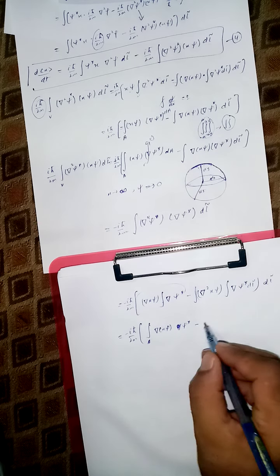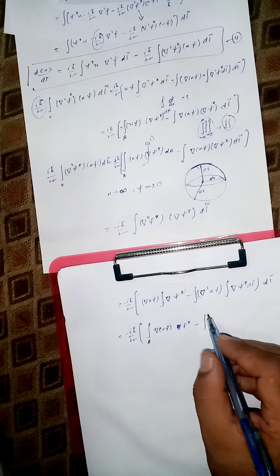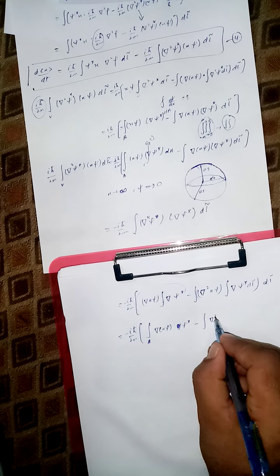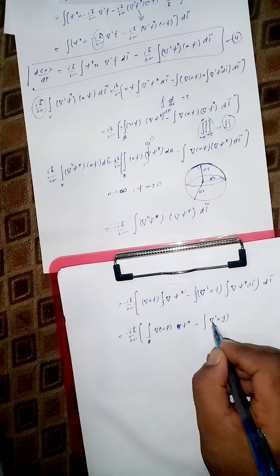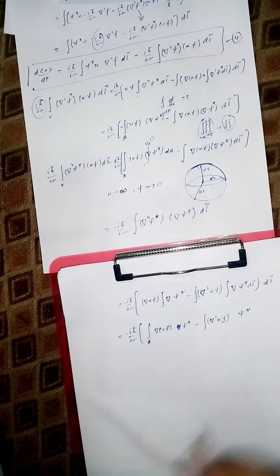And we have minus the integral of del square x psi star, and we have d tau.